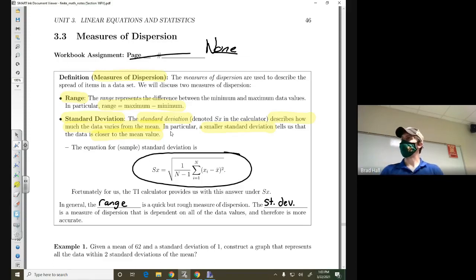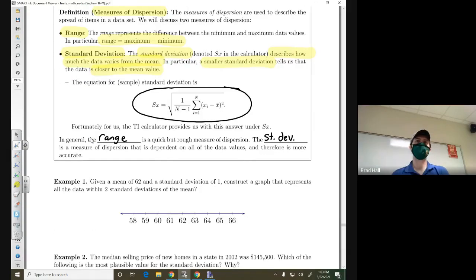There's a few different symbolisms for it. Sometimes we use lowercase sigma, which you'll find out more about if you take statistics next semester. But all of this being said, this is stuff that the calculator gives us, and we just need to know how to interpret it.